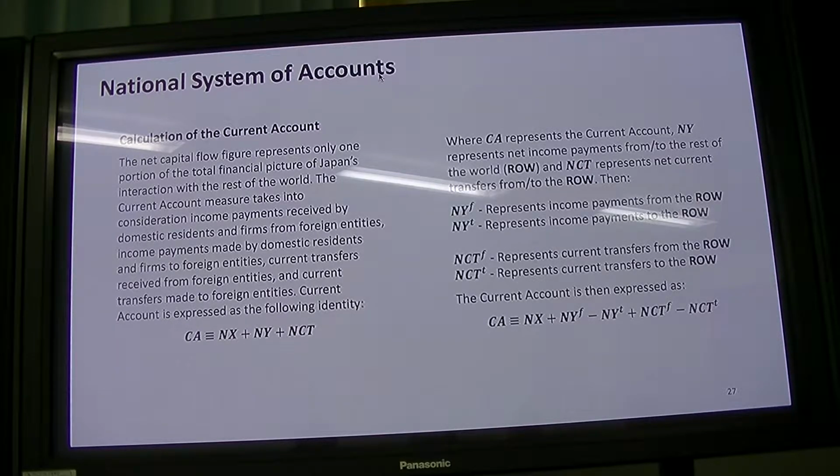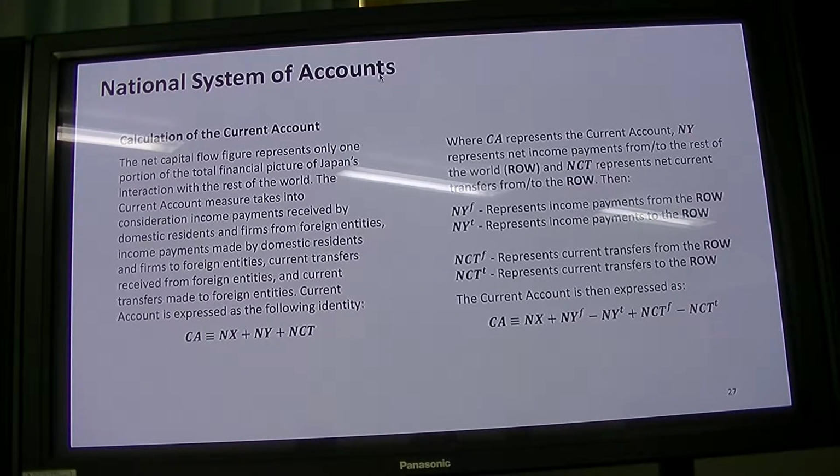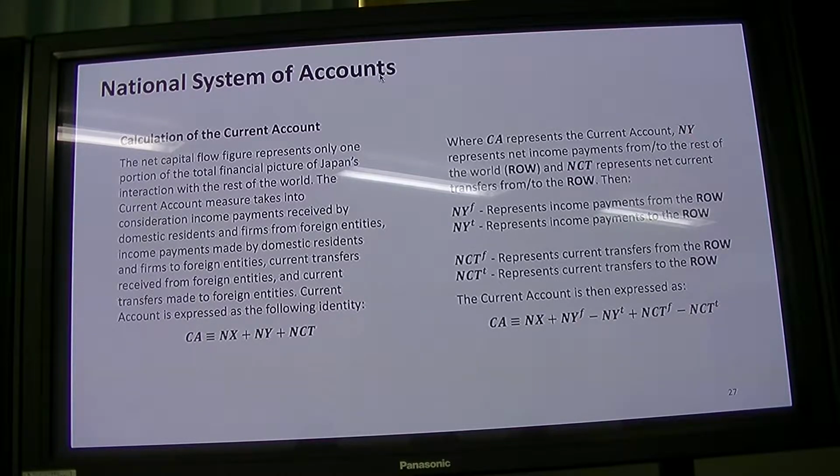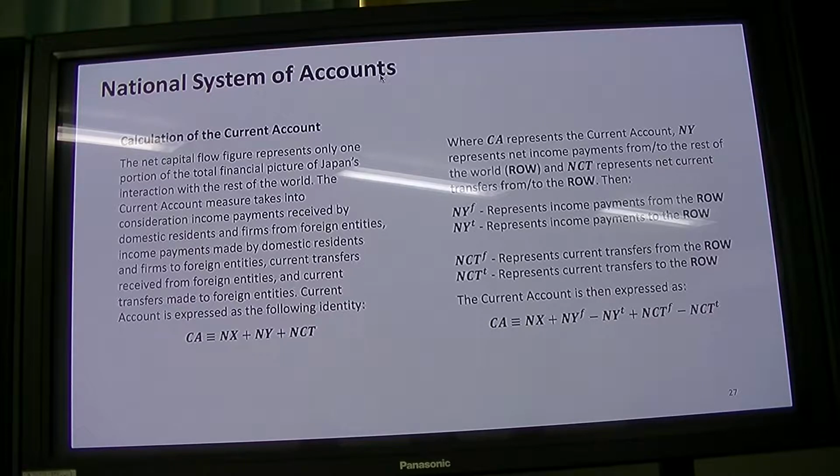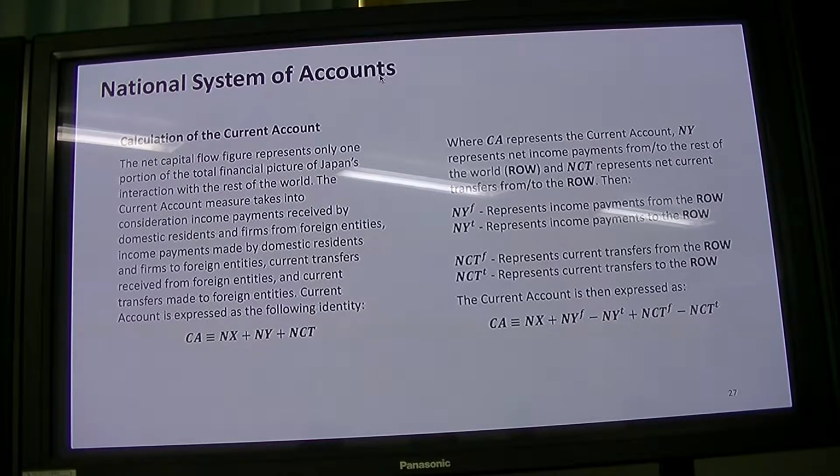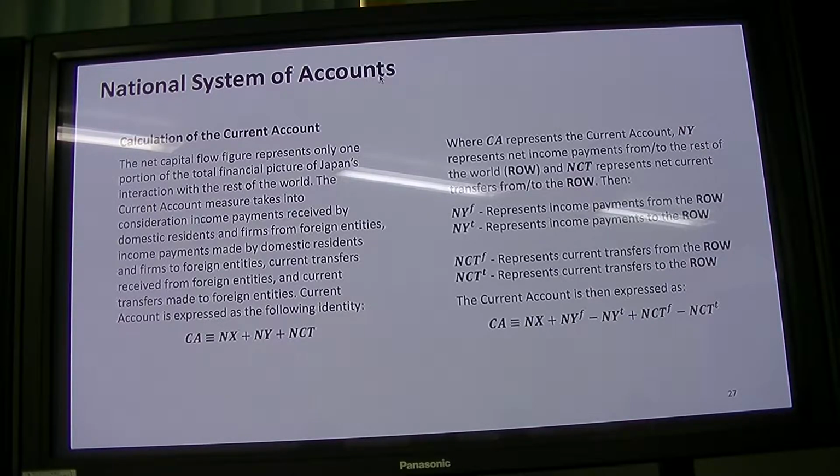Ex-Japan means outside of Japan. And that entity is making payments to households and firms in Japan. So these are firms and households located within Japan that are receiving payments from a foreign entity.